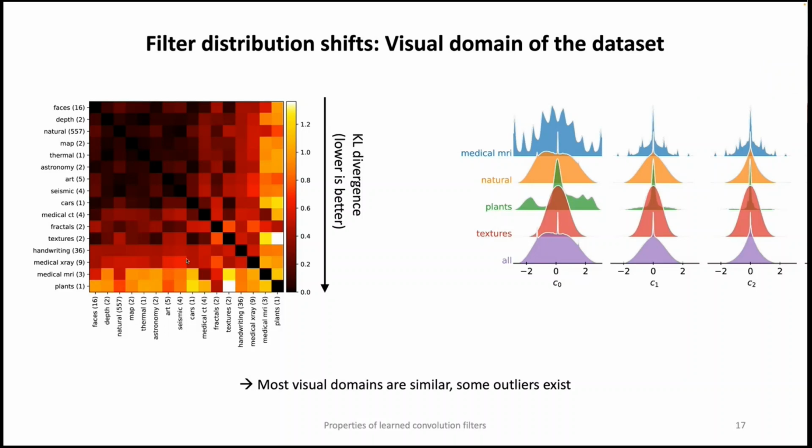And the outliers, if you look at them in detail, are highly related to medical domains. So we have medical CT images in the outliers, we have medical X-ray images, and medical MRI images. And if you look at the coefficient distributions of those domains, you'll see that they are very spiky, as shown on the right.